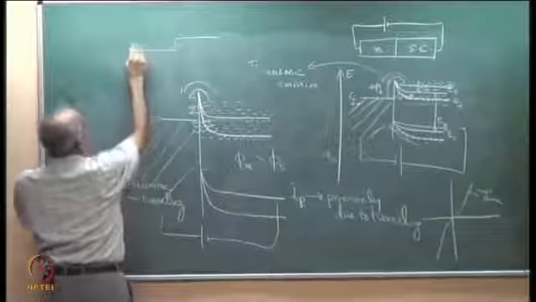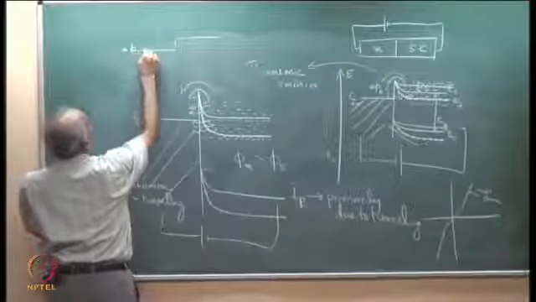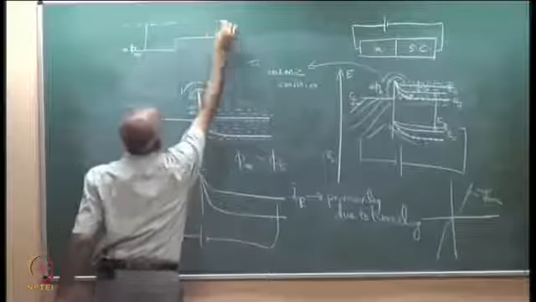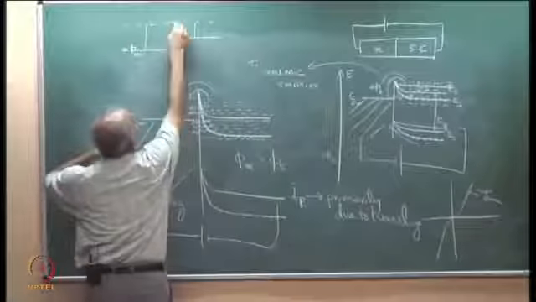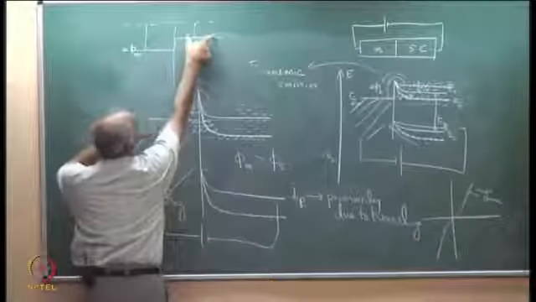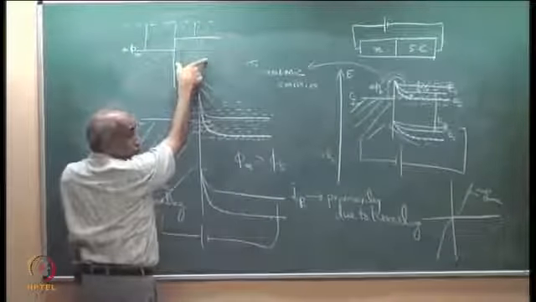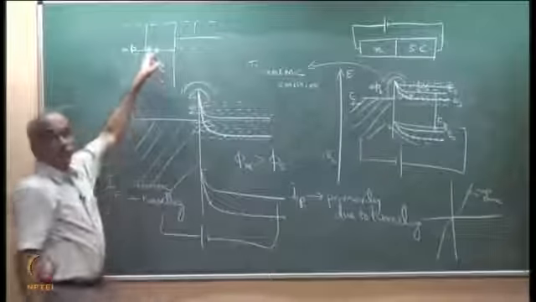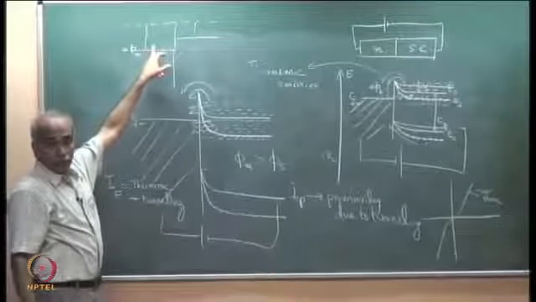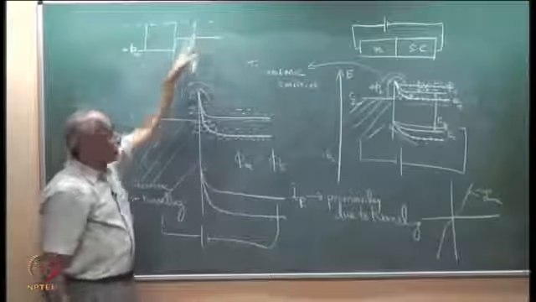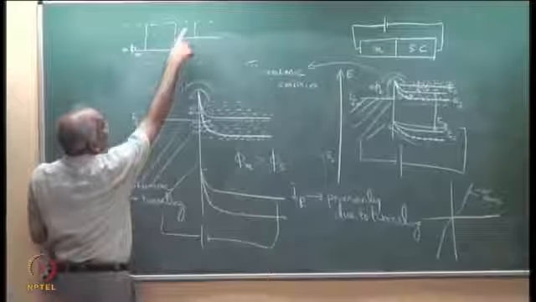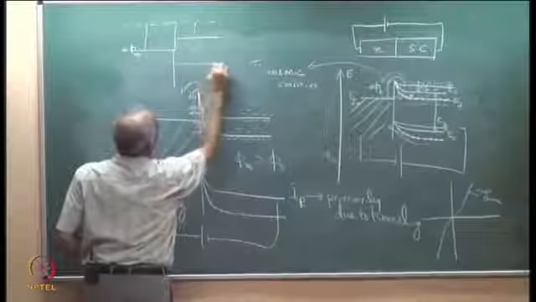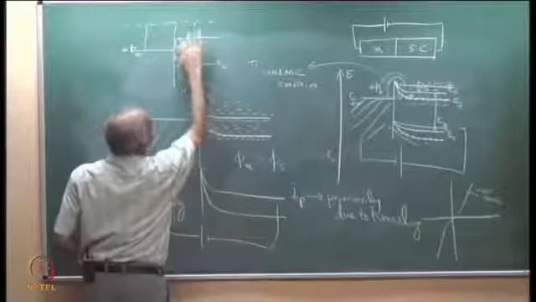Suppose this was phi m to the vacuum level, and this is phi s. Suppose this level was below. This is a case where you have aluminum, which is 4.4, and indium arsenide, with chi of 4.9. So this will come down here. This is EC for indium arsenide.